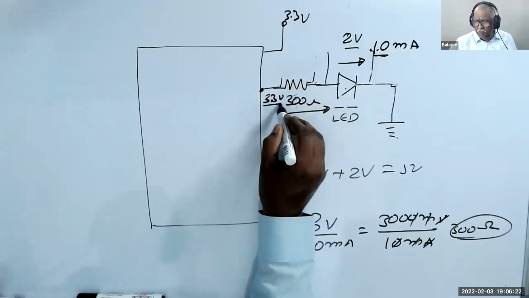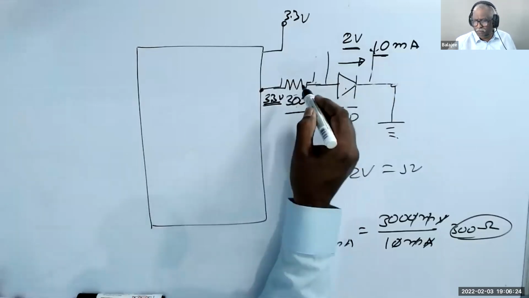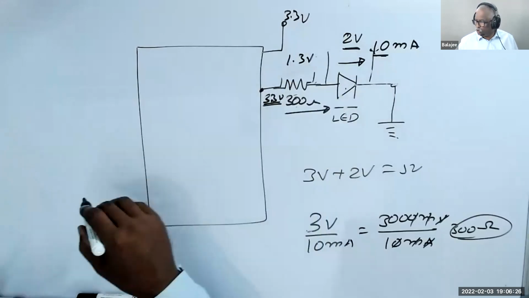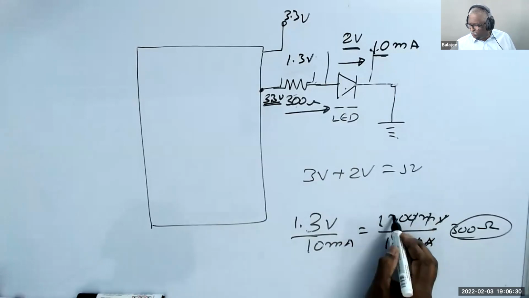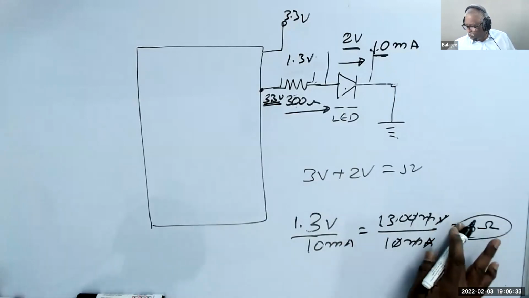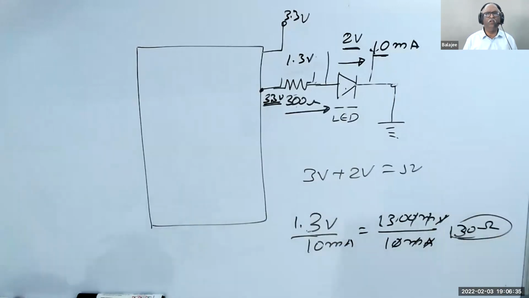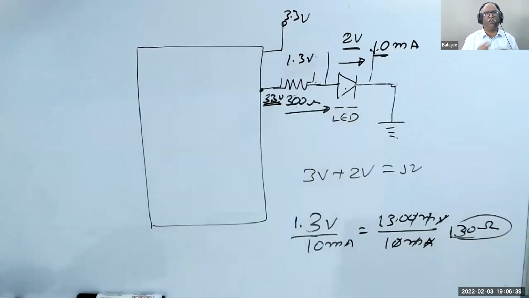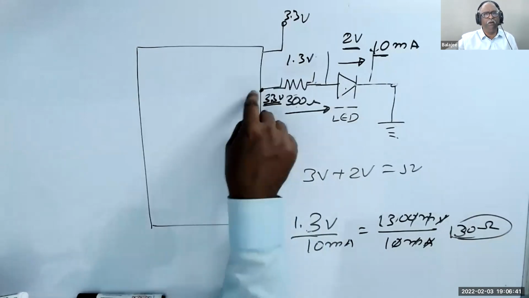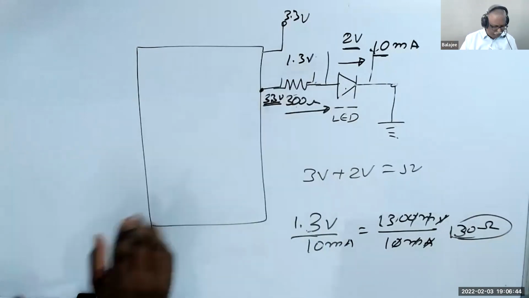Now you apply 3.3 volts, and the LED is 2 volts. So the drop is 1.3 volt. So 1.3 volt divided by 10 milliampere, 1300 millivolt, so it is 130 ohm. Understand that. So the resistor varies based on the supply voltage of the microcontroller or the output pin voltage of the microcontroller. That is one.